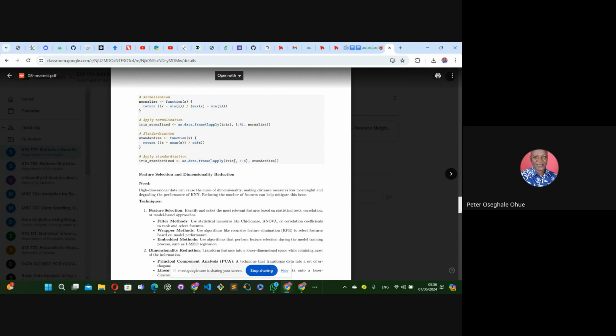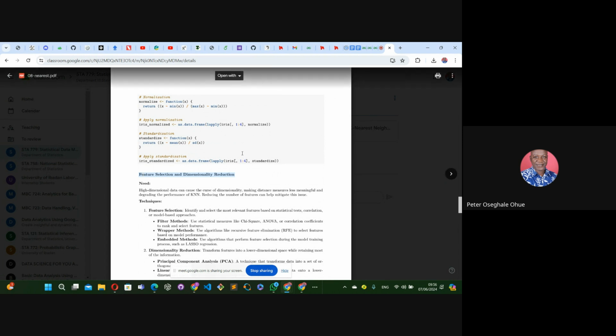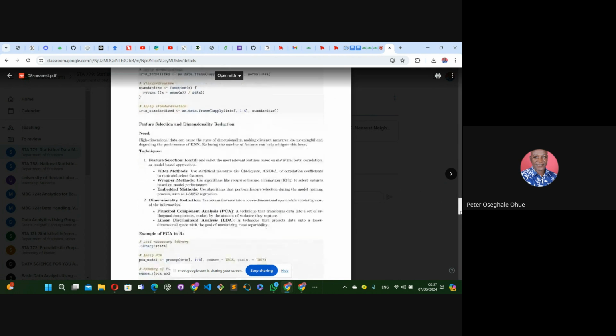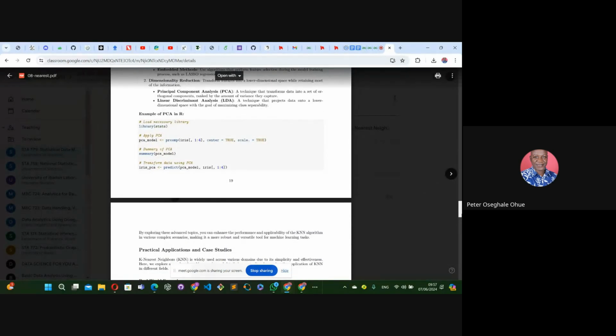Feature selection and dimensionality reduction is something we looked at when we were looking at the regression models. After doing lasso, partial least squares, and all those, we talked about principal component analysis and dimensionality reduction. These topics are things you need to look at as tools for writing your own research.